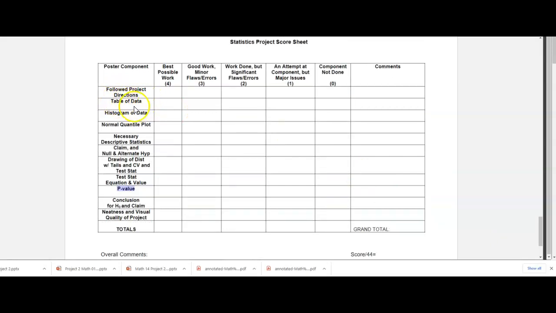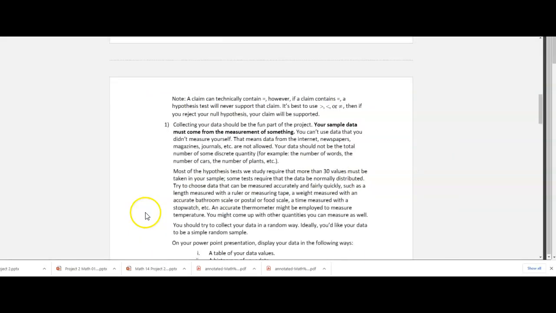You should have your table of data, histogram of data, normal quantile plot, your necessary descriptive statistics, claim and null and alternative hypothesis, drawing of the distribution with tails and the critical value and test statistic, the test statistic equation and value, the p-value, the conclusion for the null and the claim, and then neatness and the visual quality of the project. Now also, I will include a video of an example of the things that are required for the project.